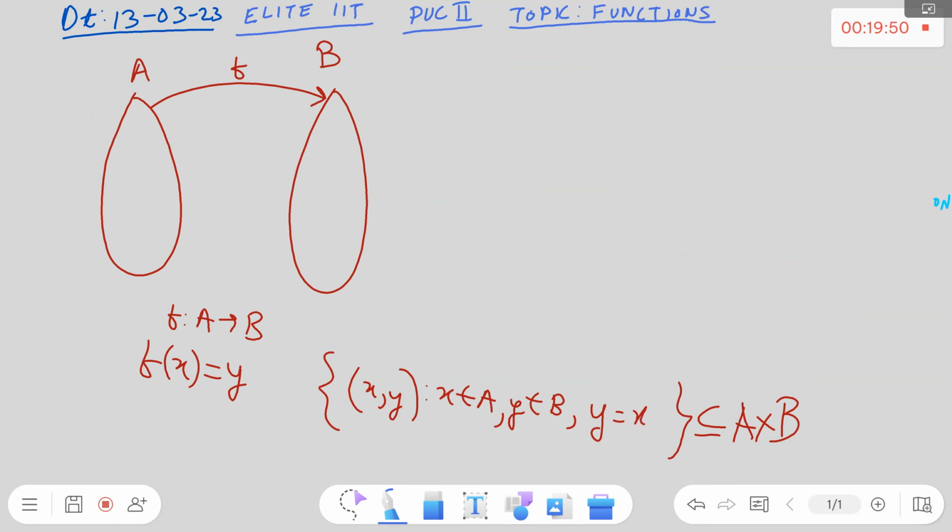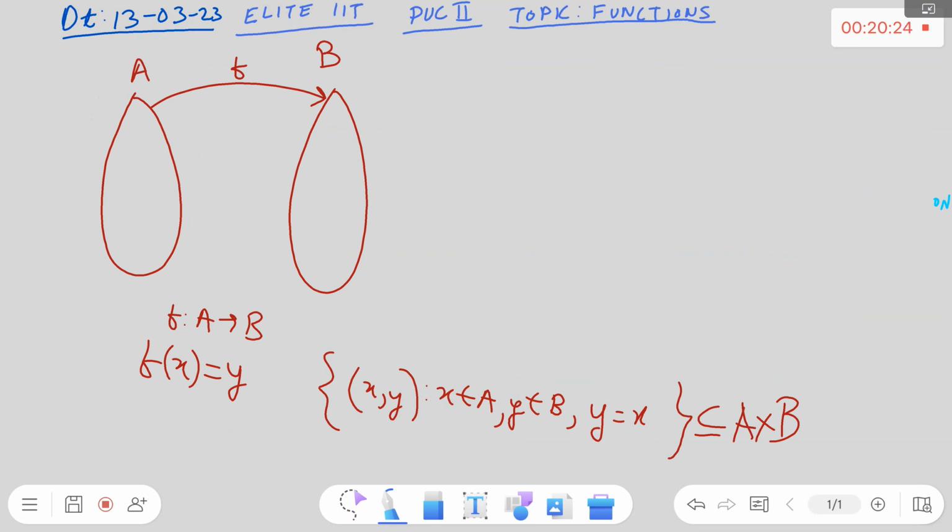Or maybe y equal to x. So this set, collection of all such ordered pairs x and y, is a subset of A cross B, the Cartesian product, because Cartesian product is the collection of any possible ordered pair from A and B, isn't it? Understood? Function is how it is a subset of A cross B.